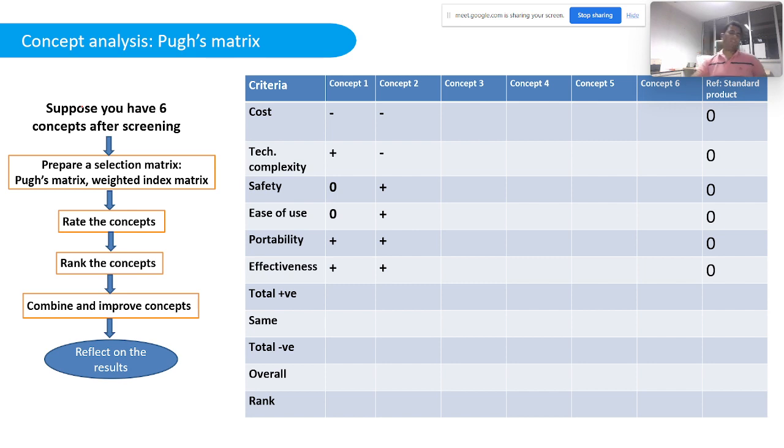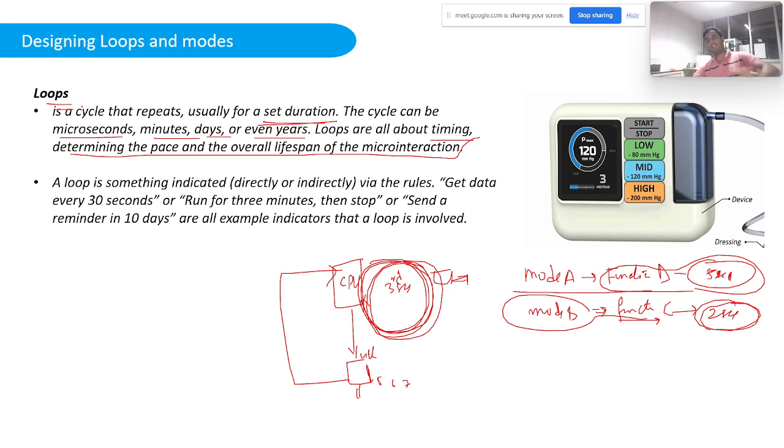So here are the ideas, actually the concepts, that you have come up with. Till here we have discussed how you can make a concept which is more concrete in nature. Initially you used to have ideas, for which you used brainstorming and other techniques to generate a lot of ideas.